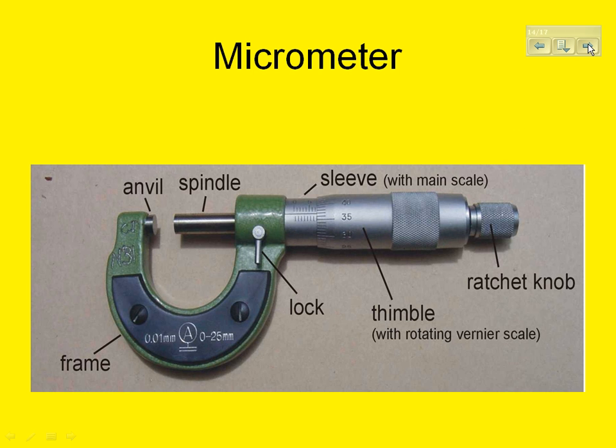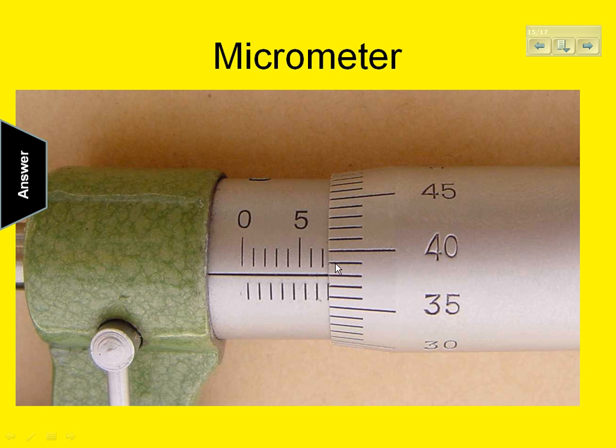Let me give you an example of reading this. So you have some sort of item between the thimble and anvil. Notice the sleeve is past a 5 millimeter mark, a 6 millimeter mark, and a 7 millimeter mark. These lower ones are 0.5s. Notice that your sleeve hasn't quite reached a 0.5 part.